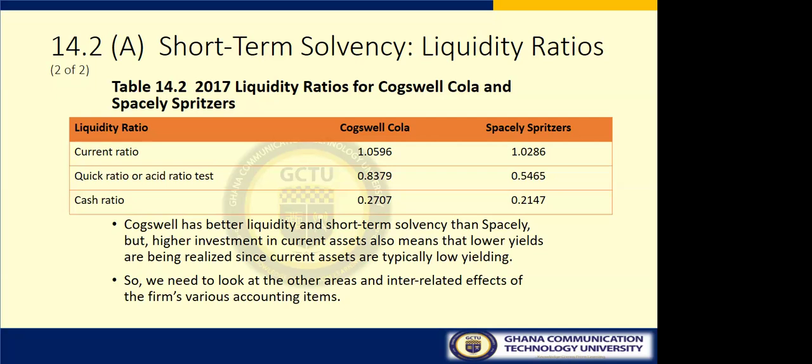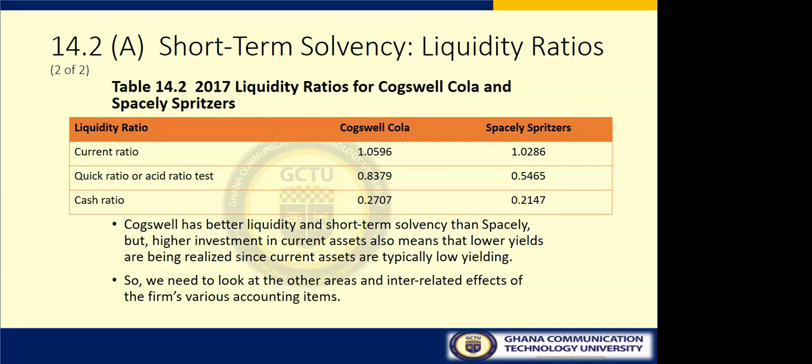With that one too, I would say that they are better as compared to the second one because looking at the formula, the acid test ratio is current assets minus inventory over current liabilities.